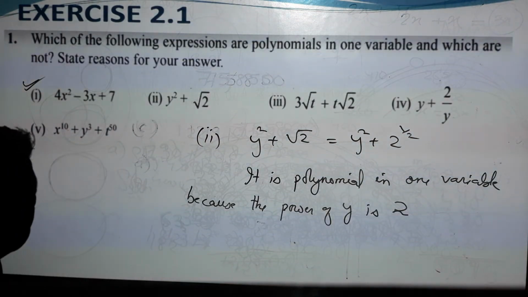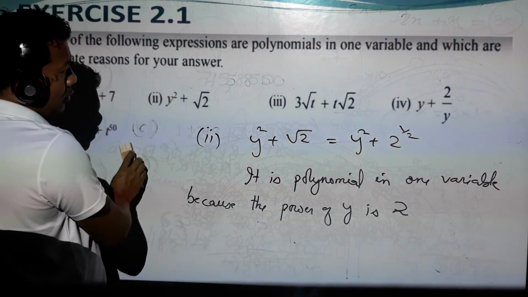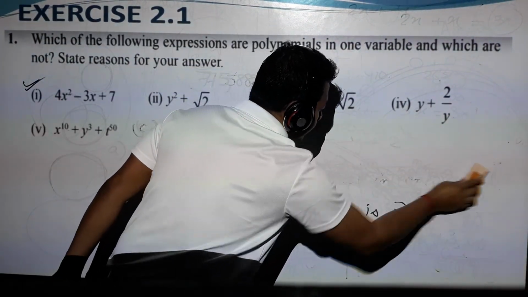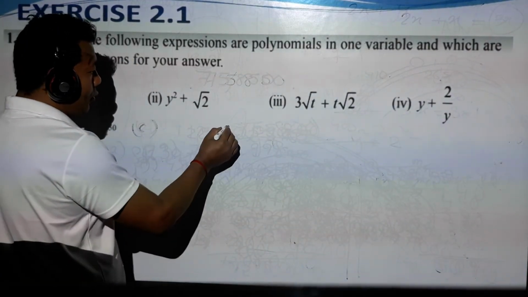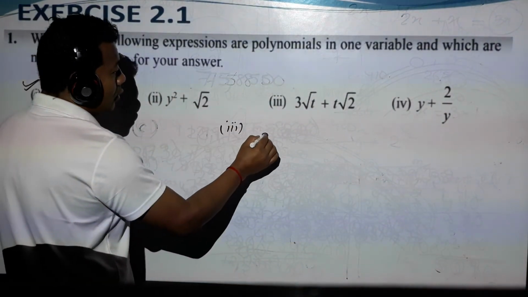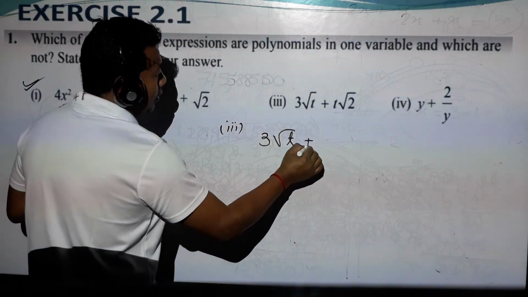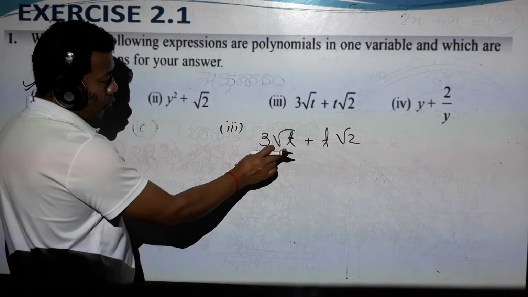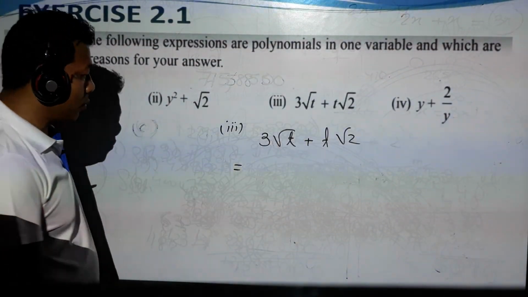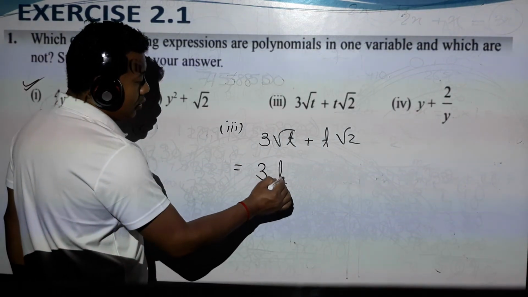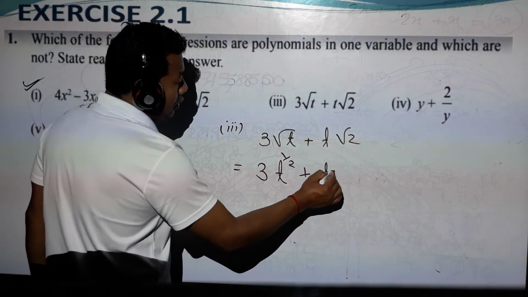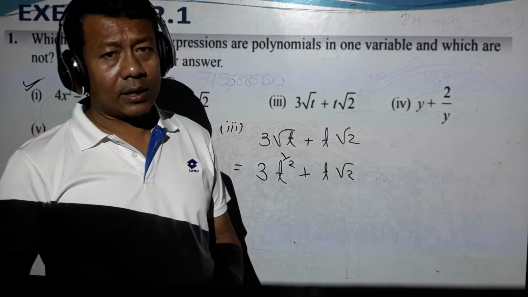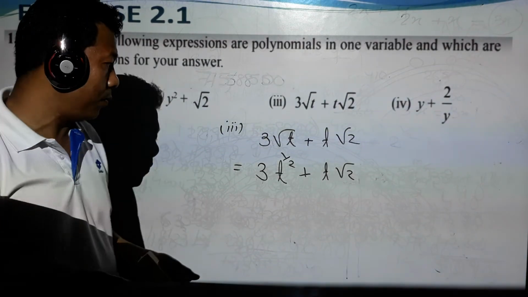Now let's see Roman numbers 3 and 4. Roman number 3: 3 root t plus t root 2. When you write the radical form in exponential form, you will get 3 t to the power 1 by 2 plus t root 2. We don't need to express this root 2 in exponential form.